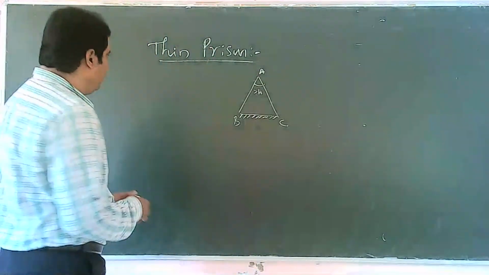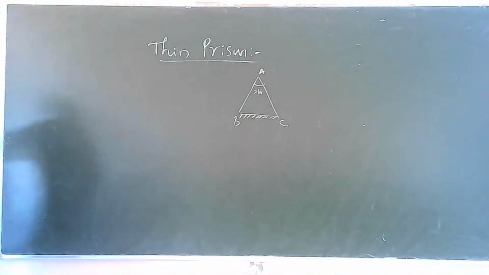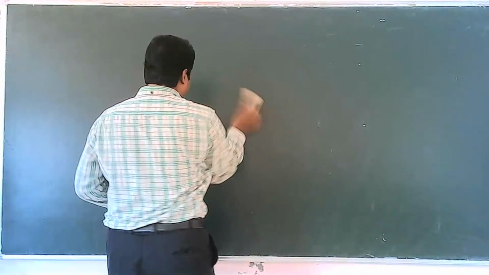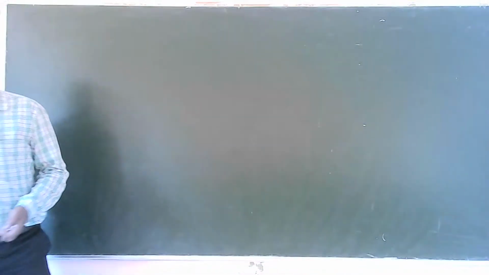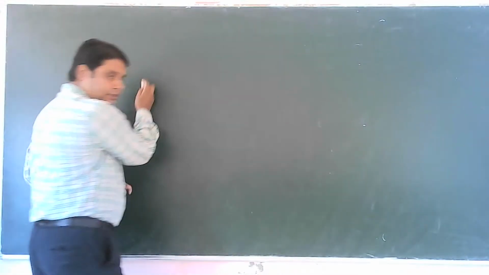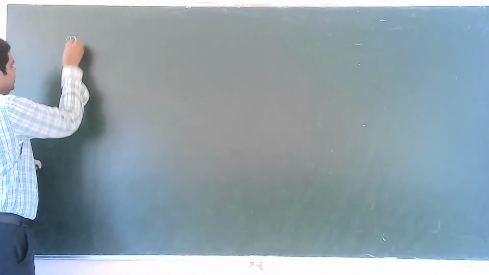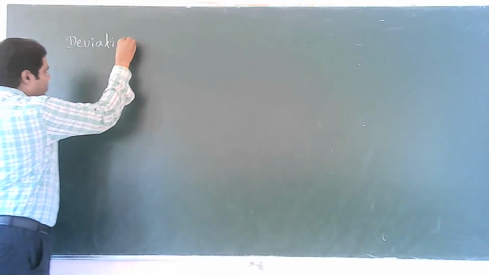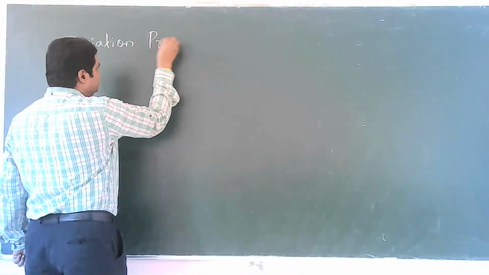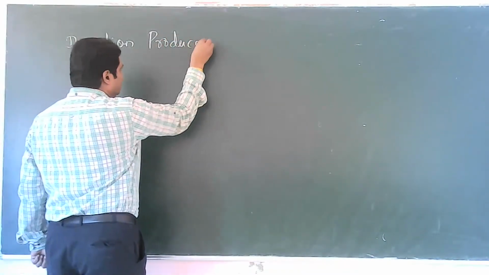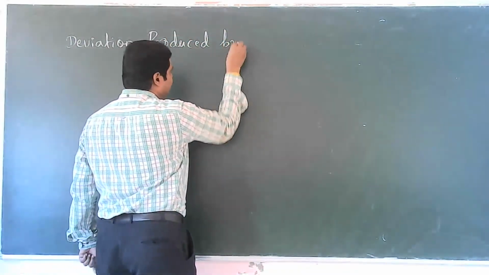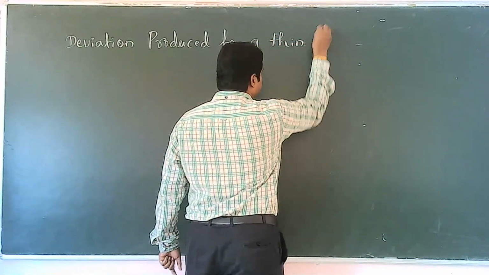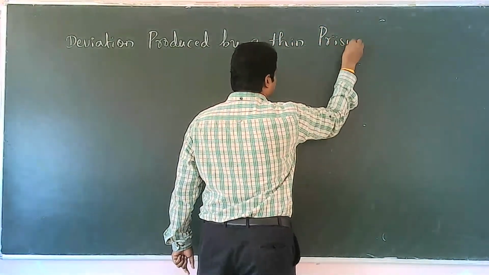What is important here is the deviation produced by a thin prism.